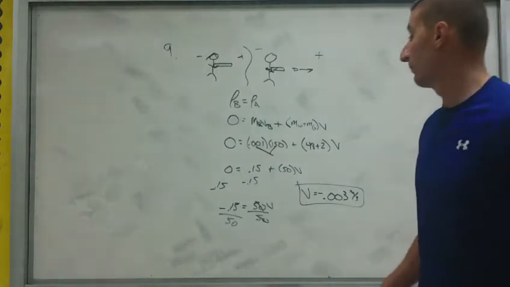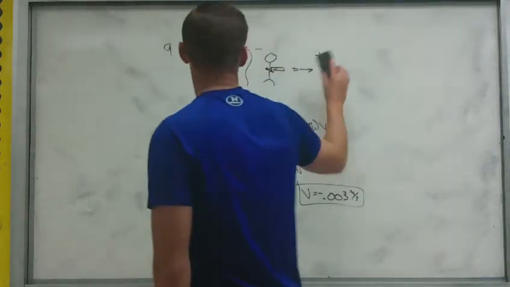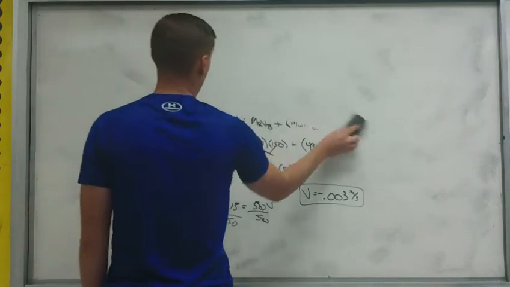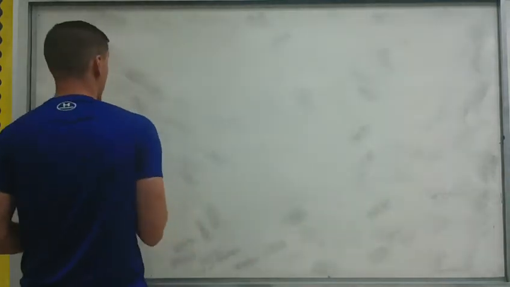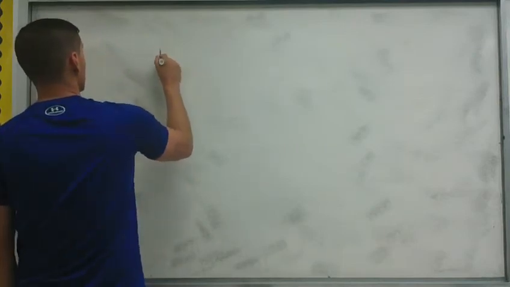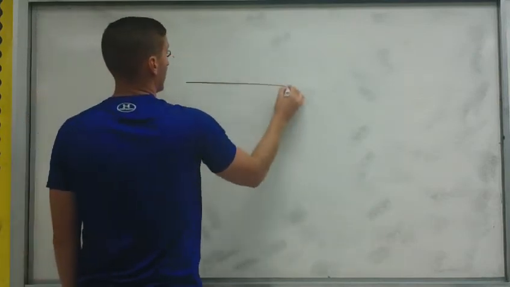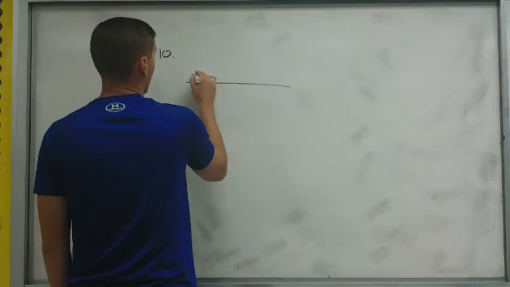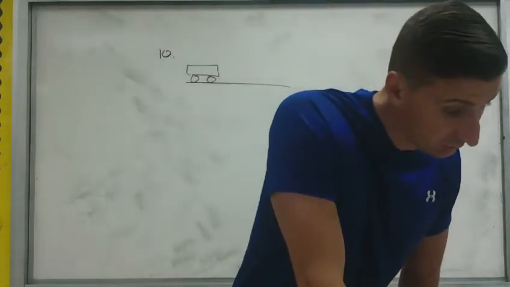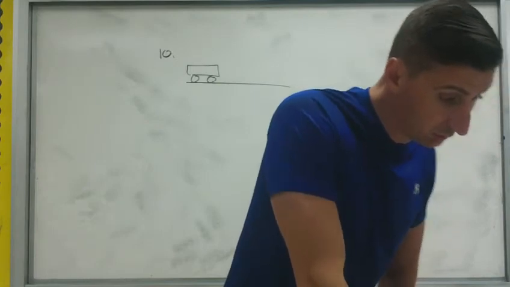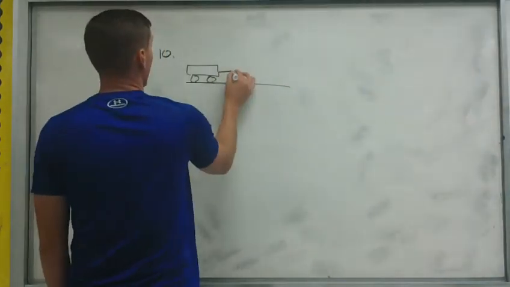So again, this is going to be a before and after. So let's go ahead and look at what we got here. You're going to draw a picture here because you're going to make your equation off of that. So number 10. Before, you have a car. The empty one's coasting this way.